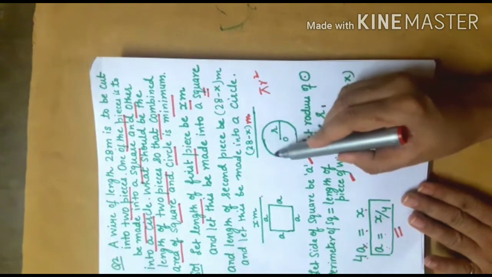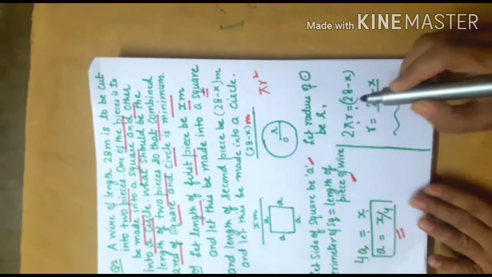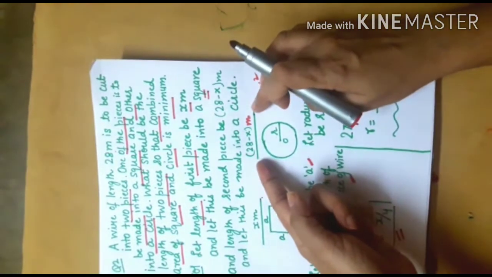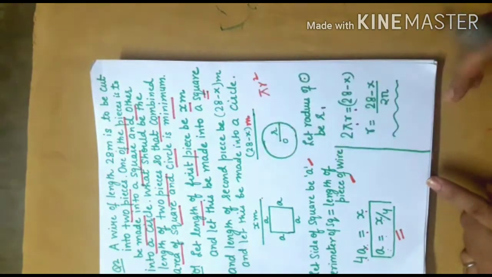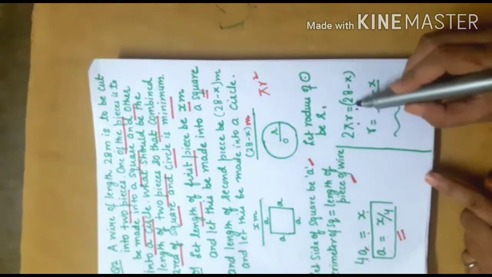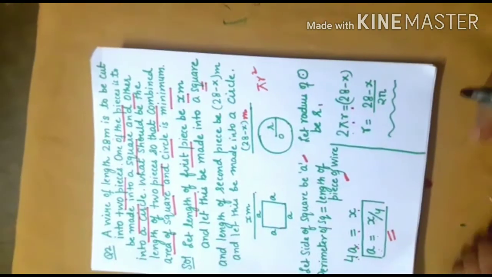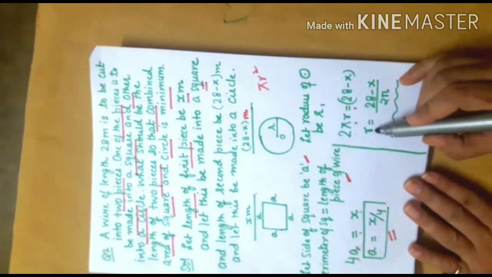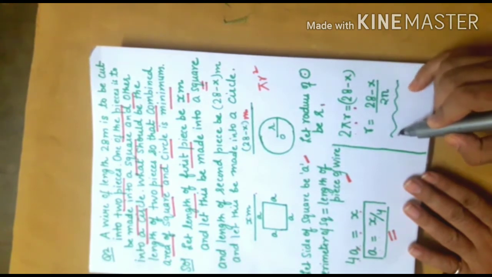So the circumference of the circle, that is 2 pi r, will be equal to the length of this wire, because this length has been shaped into a circle. So 2 pi r is equal to 28 minus x. From here, r will be equal to 28 minus x over 2 pi.